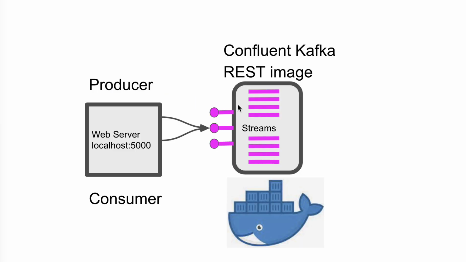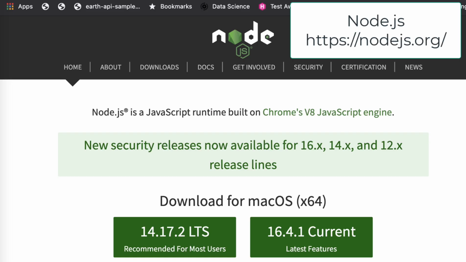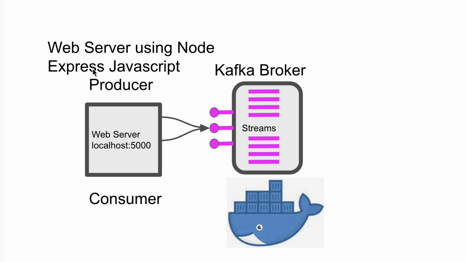We're going to write this web server that's both a producer and a consumer. And we're going to write it in JavaScript using Node Express as the web server because that's the easiest. To run it, you're going to need to install Node, and I'll do a separate video showing you how to install Node. But let's go now to the code and take a look at this web server.